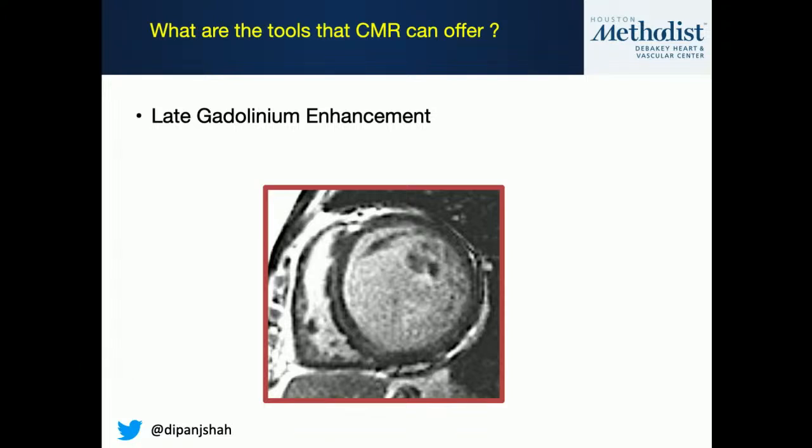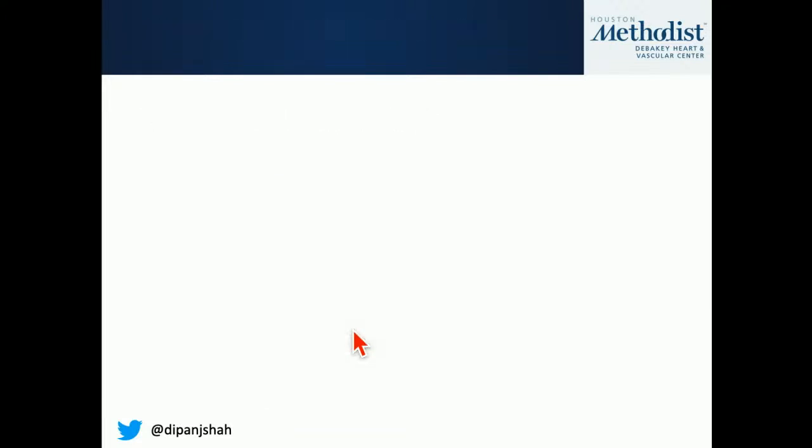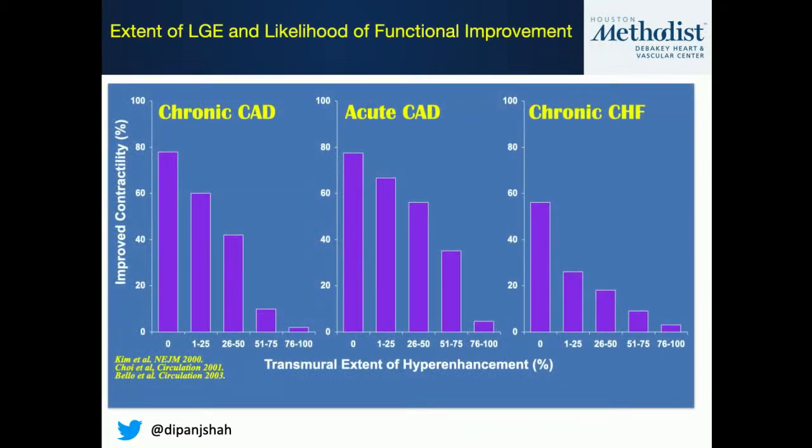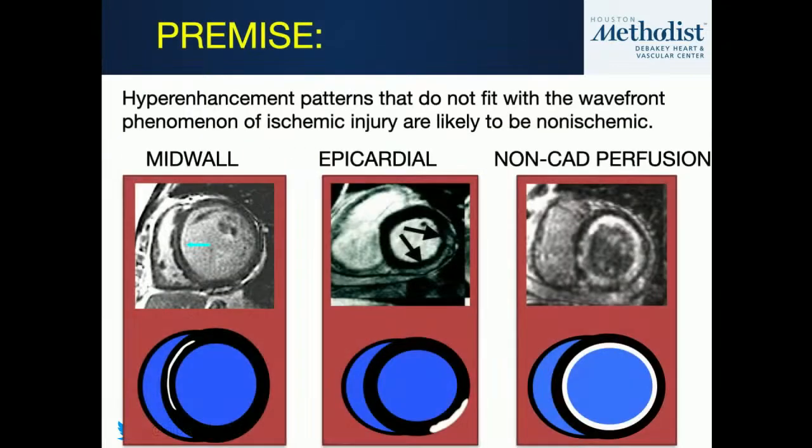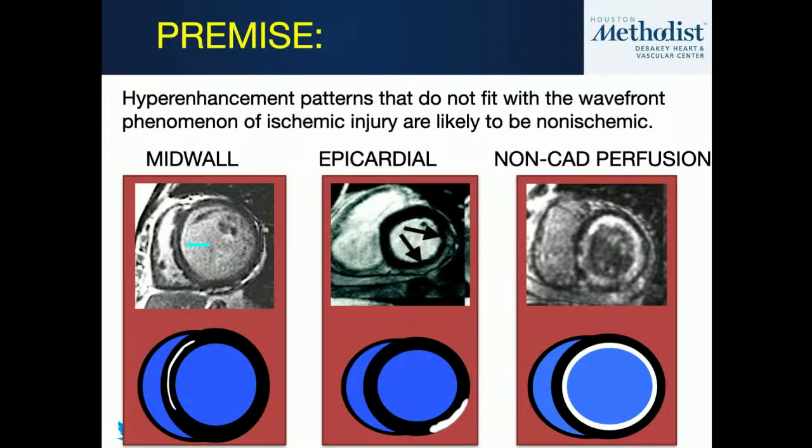Normal myocardium should appear black, and this white represents an abnormality. And we talked in an earlier lecture about the fact that in the ischemic heart disease setting, the presence of myocardial injury by cardiac MRI is associated with likelihood of recovery of function.